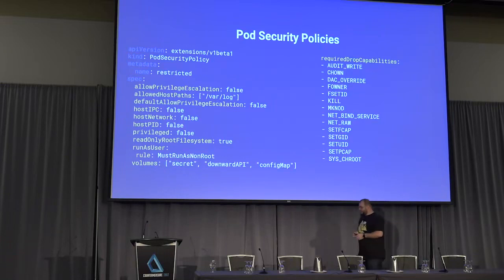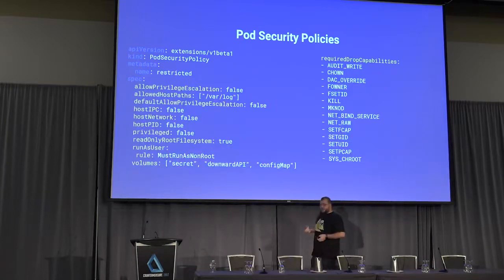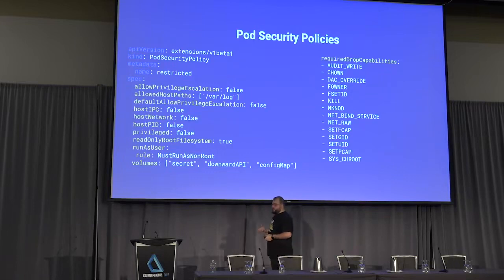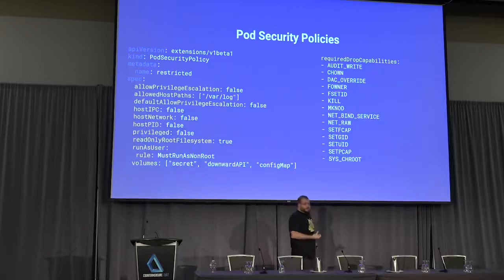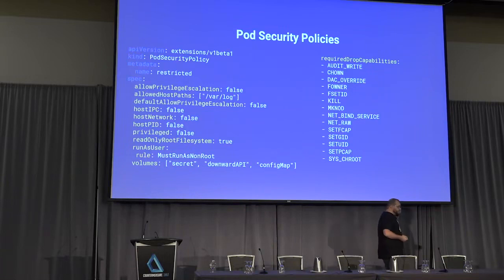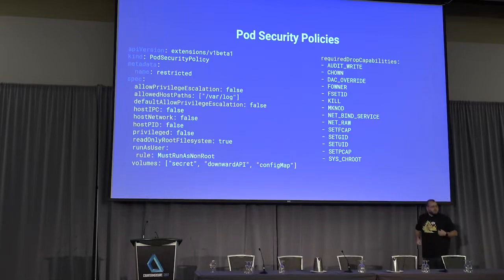DAC override is discretionary access control on Unix. And what this means is that if we take this capability away, the root user in a Docker container can no longer make arbitrary changes to the access control models. Like the root can then not enter your home directory, for example, if the DAC_OVERRIDE capability is taken away. It has to then respect those access controls.